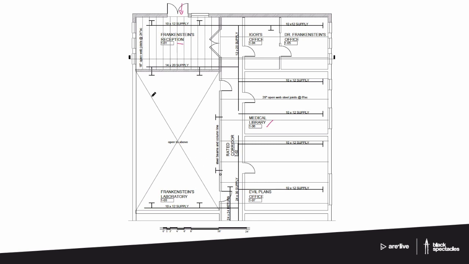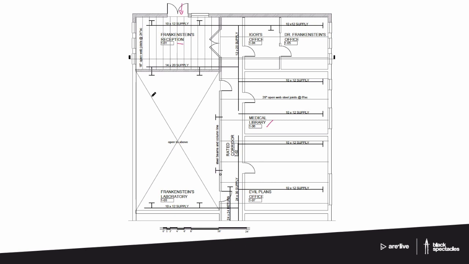Now, obviously this is a little ridiculous. I'd be very surprised if they gave you Frankenstein's laboratory. However, I can guarantee you it's going to be a two-story building with one big room that is a double height space of some sort, and that there'll be rooms that wrap around it.